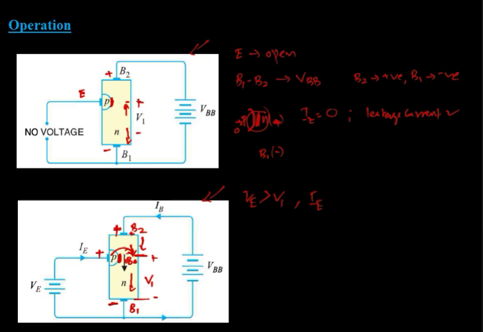As more holes are injected, a condition of saturation will eventually be reached. At this point, the emitter current is limited by the emitter power supply only. Now the device is on. So that is the working of a UJT.